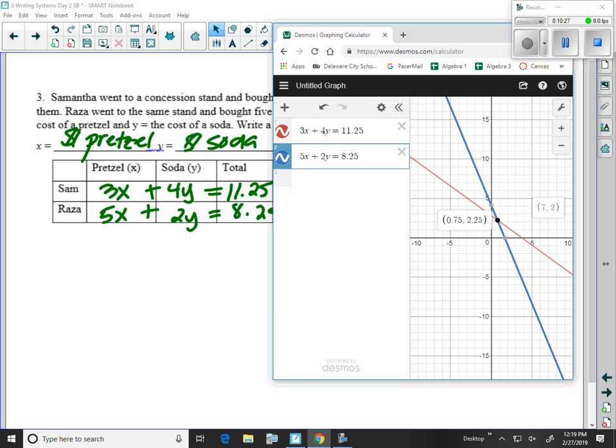All right. They cross at 0.75, 2.25. Go ahead and take that solution and write the sentence that makes sense for this particular scenario.